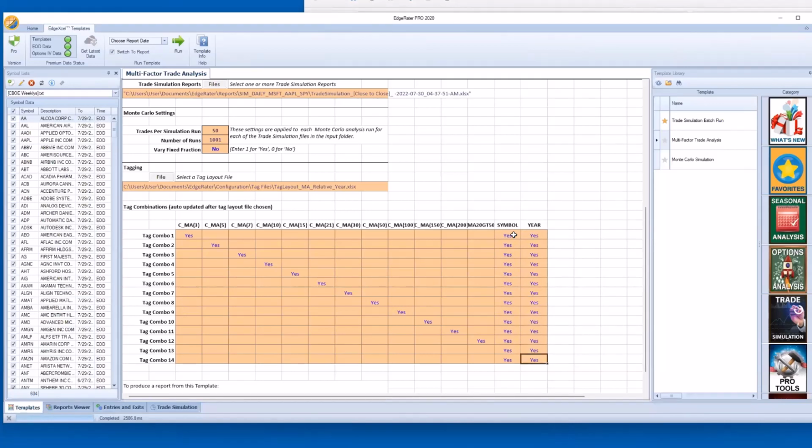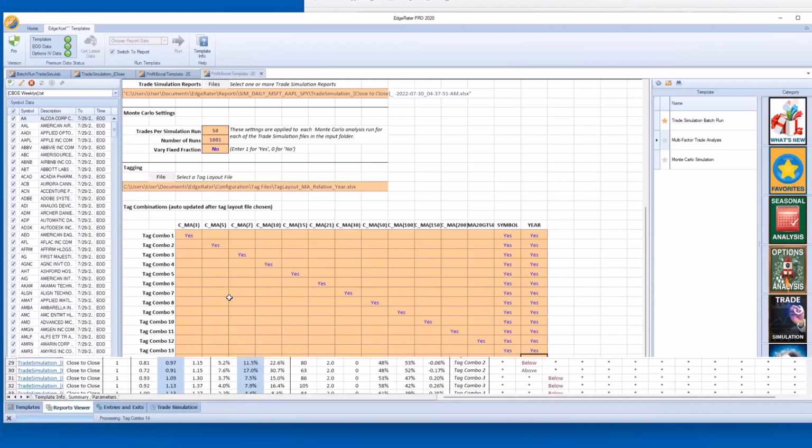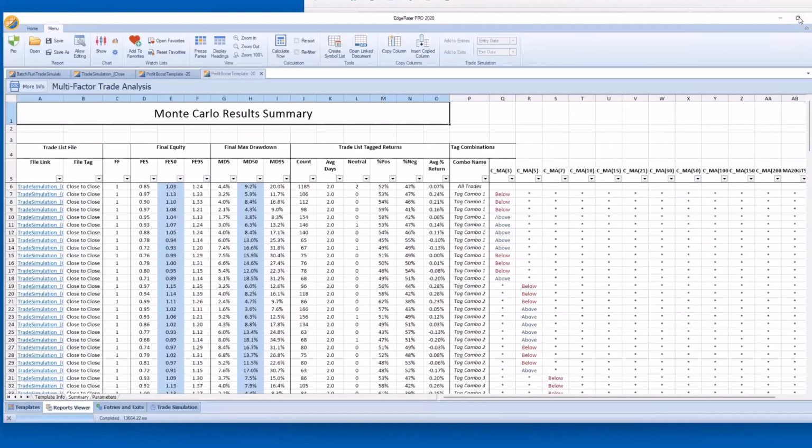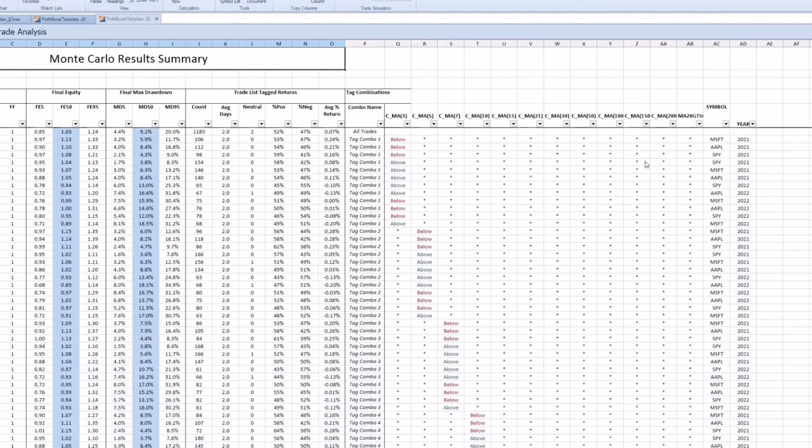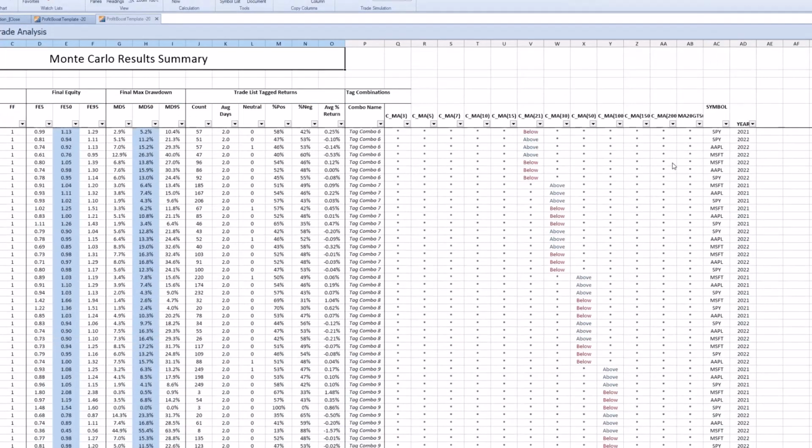And my multi-factor analysis is now, I'll just run this quickly, is now going to give me the symbol in conjunction with the indicator. And you'll see a couple of different things occur in here. It takes slightly longer to run this because it's doing a lot more calculations. But now this is the final result of running all that.